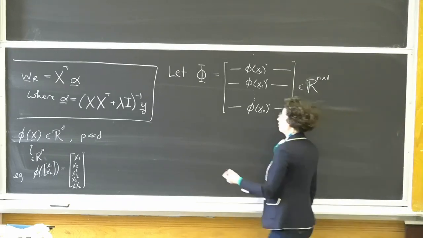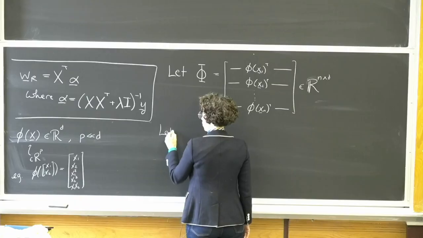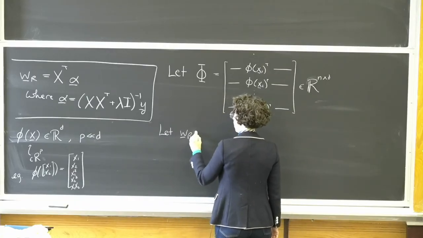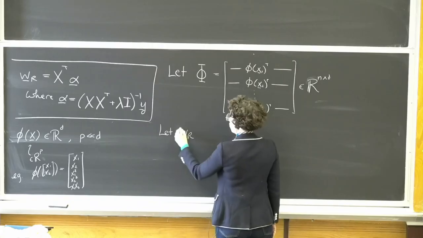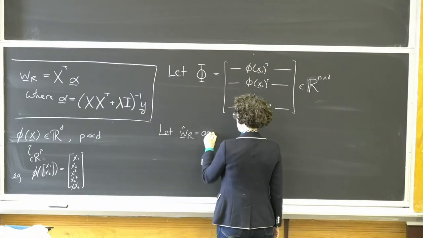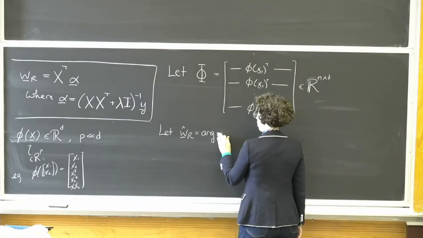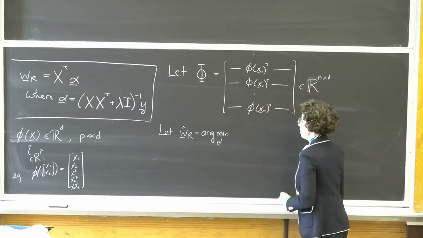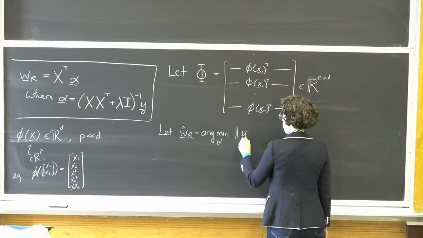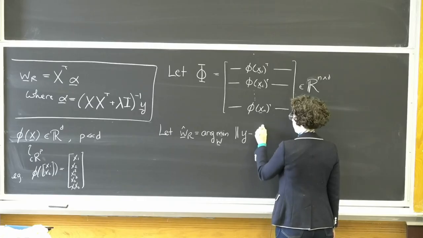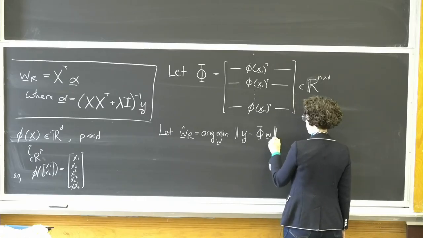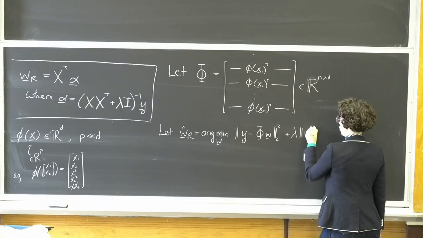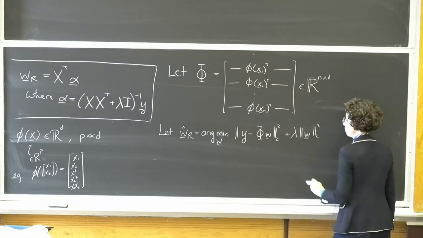So in this new high-dimensional feature space, we can think about doing ridge regression, where now our ridge regression weight vector corresponds to the argument, the weight vector that minimizes the 2 norm squared of y minus phi times a set of weights, plus lambda times the 2 norm of the weight vector squared.